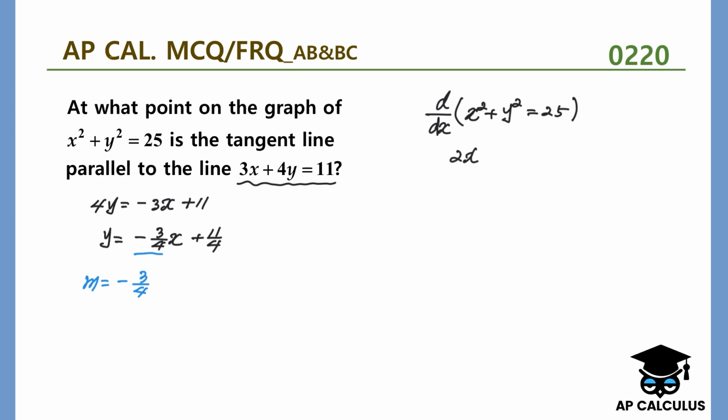So we have 2x plus 2y times the derivative of y, dy over dx, or y prime, is equal to the derivative of 25, that's 0, right? So we have 2y y prime is equal to negative 2x, eliminate 2. So our y prime is equal to negative x over y, right? So this is the slope of tangent line, and this is the slope of this line.